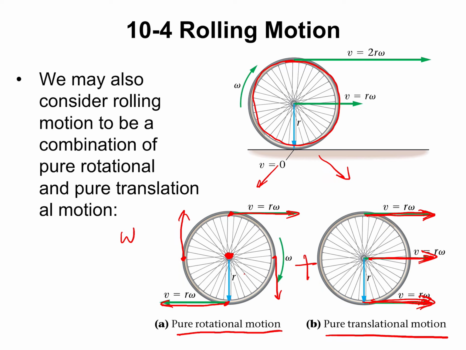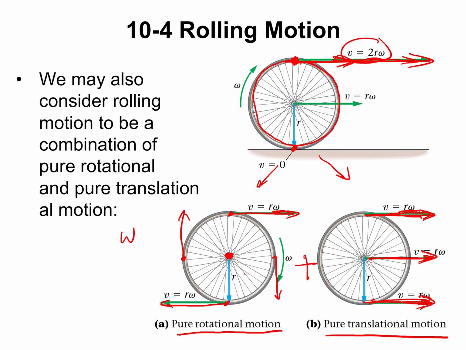So let's talk about this point. Its tangential speed equals the speed from the rotation plus the speed from the translation. Adding them together, this is r omega, and put together it is 2 r omega. How about this point at that moment?